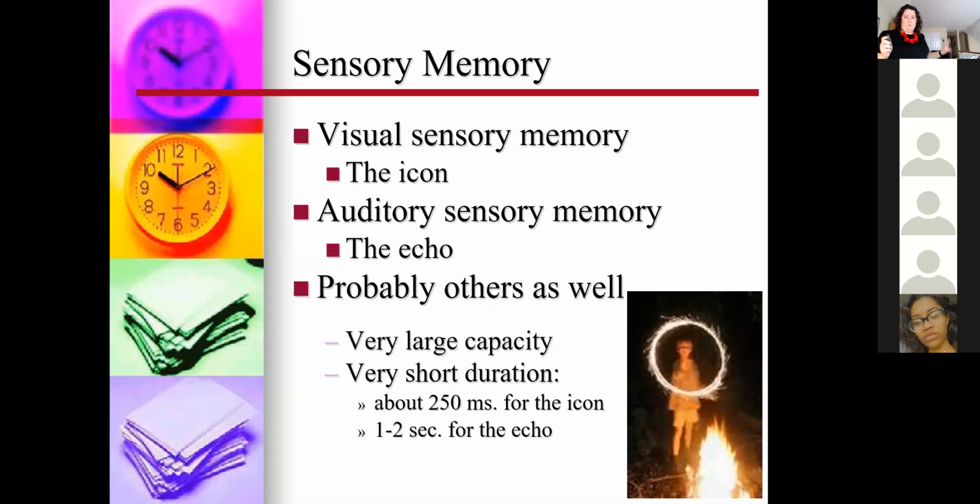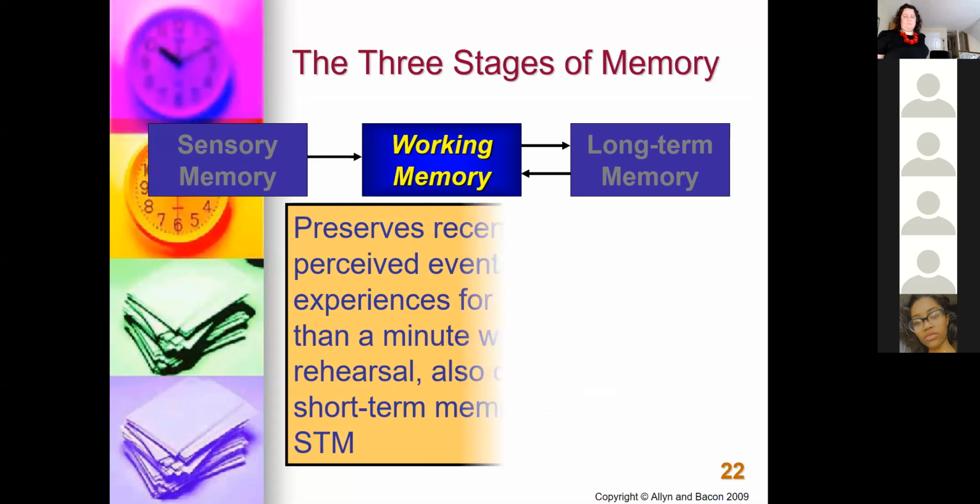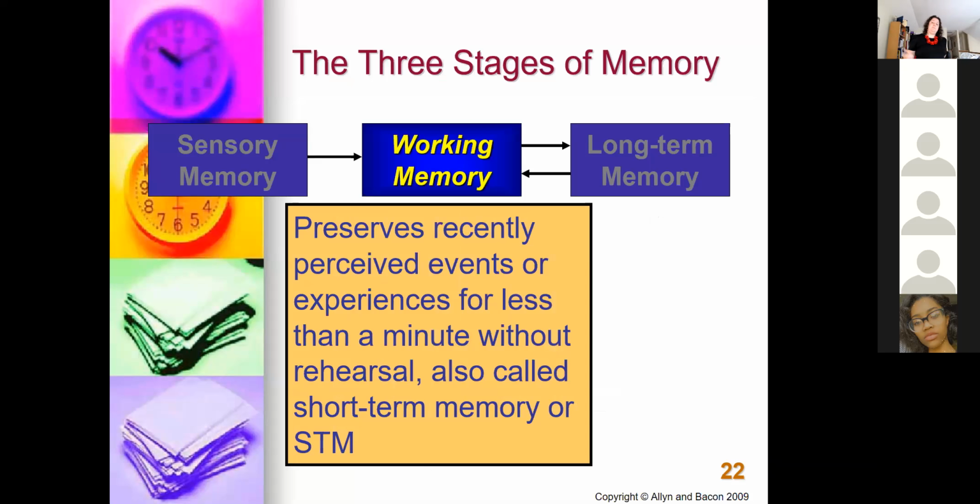So next we're going to talk about working memory. Working memory preserves recently perceived events or experiences for less than a minute without rehearsal. Again, this is called short-term memory as well, and also called working memory. So those two terms are used interchangeably.